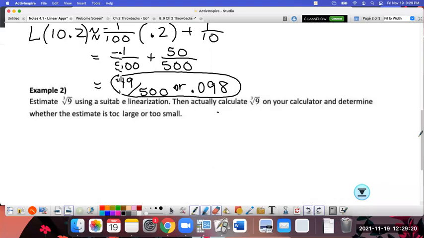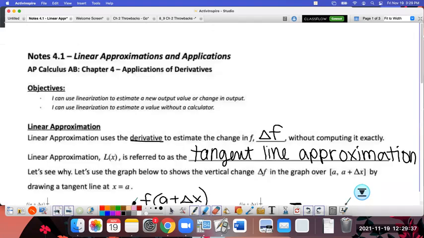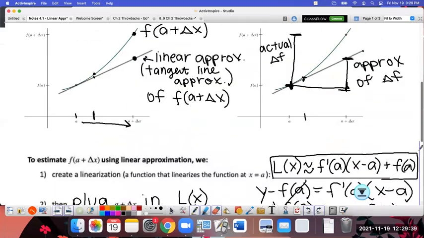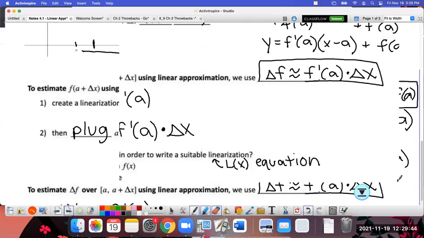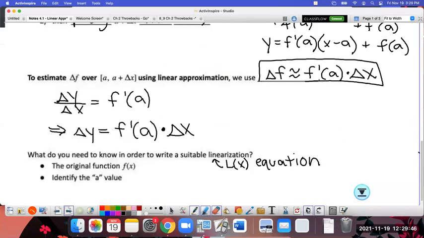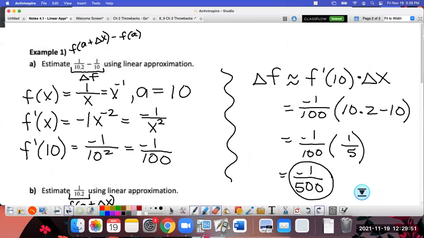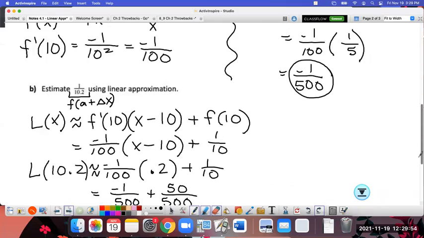Estimate the cubic root of 9 using a suitable linearization, then actually calculate the cubic root of 9 on your calculator and determine whether the estimate is too large or too small. All right, so linearization, that means that you're writing your L of x formula. So remember, that means that we need to know the original function, f of x, and we need to identify our a, that nice value that we can plug in.